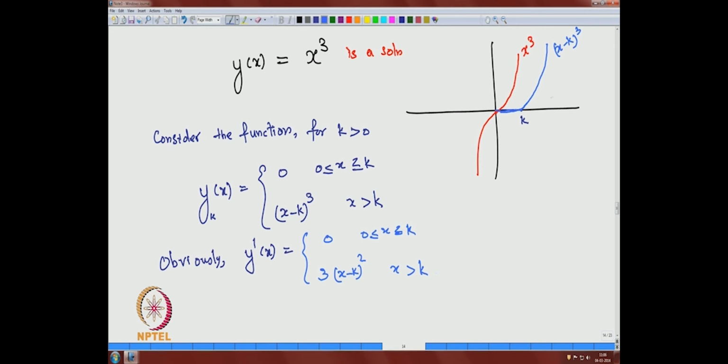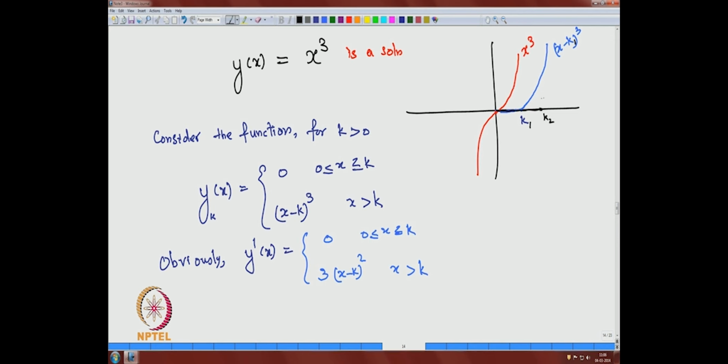For a different k, so this is another k, let's call it k1, and another k, k2.